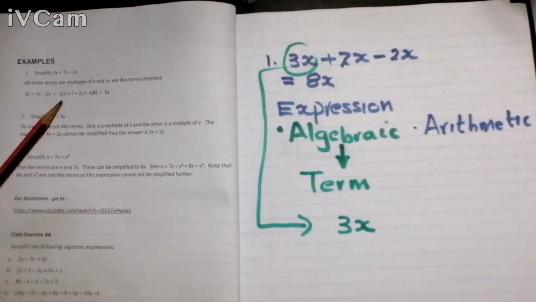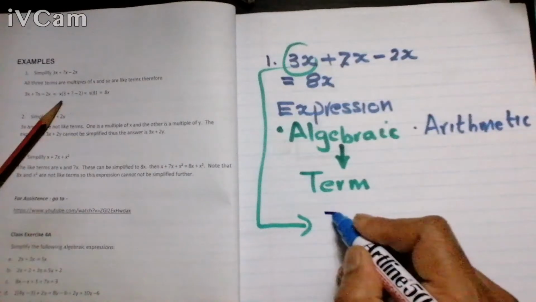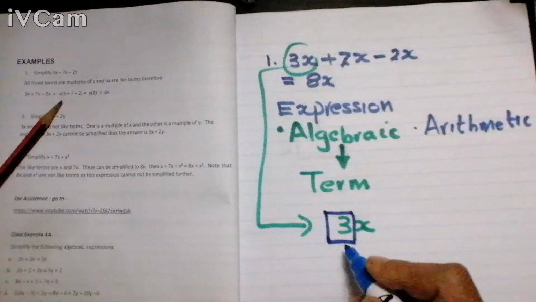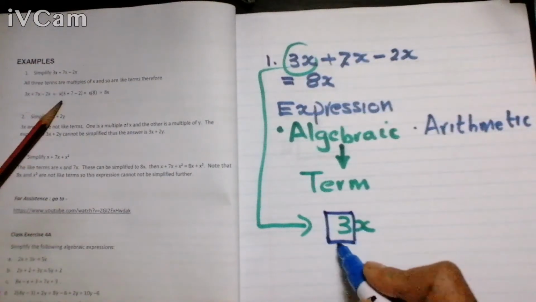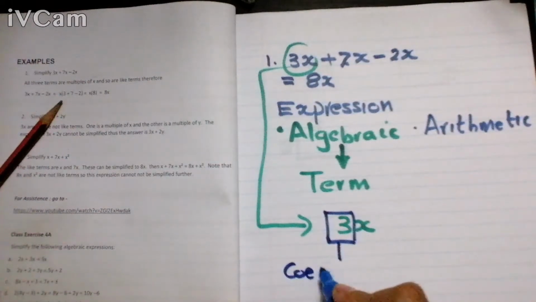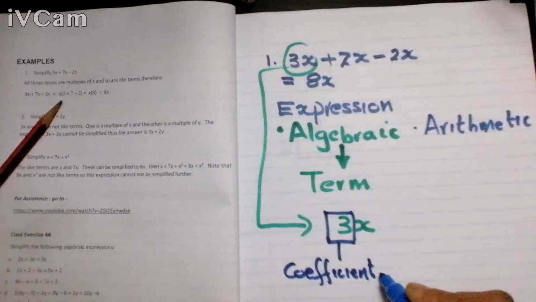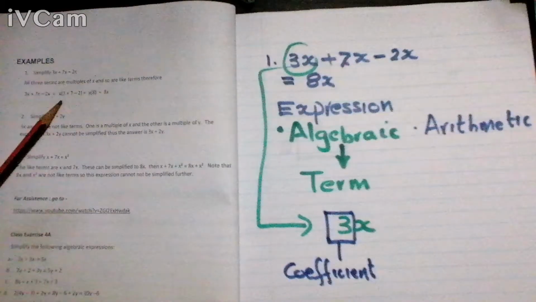So an expression is made up of terms, and each term is comprised of a coefficient. In this case the coefficient is plus 3, and it is comprised of a variable.